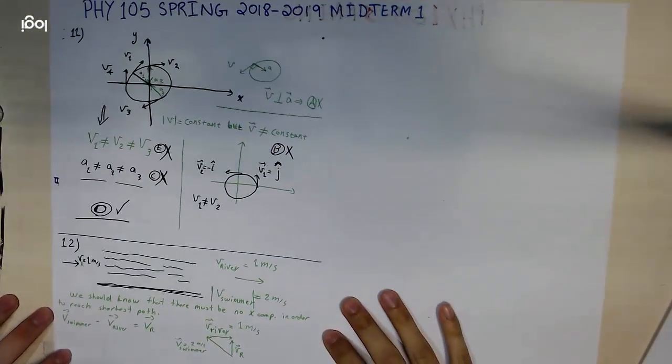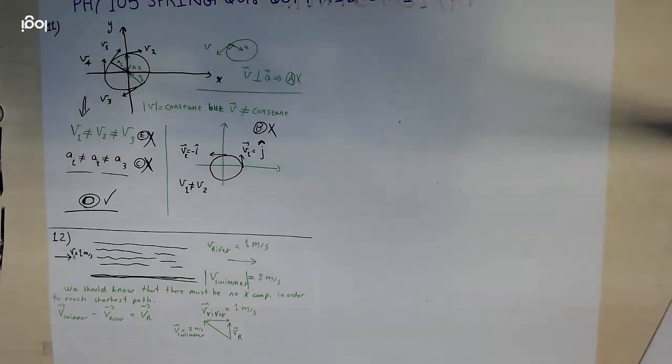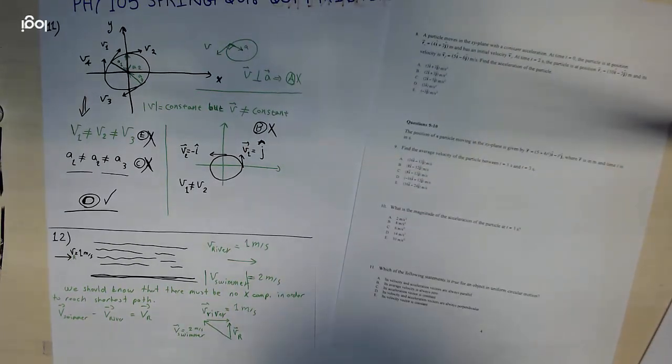Okay, let's continue with question 11. It asks which of the following statements is true for an object in uniform circular motion. Our first choice tells us that its velocity and acceleration vectors are perpendicular.